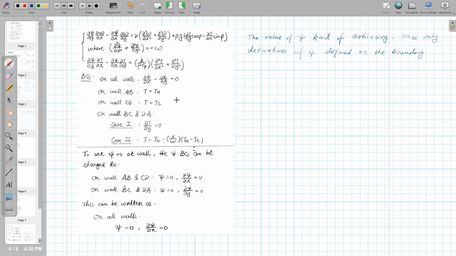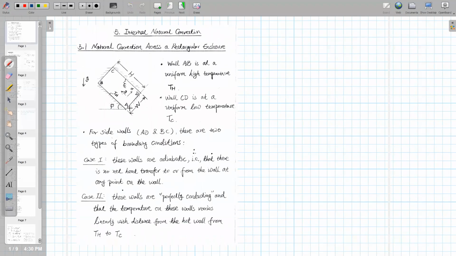So for example, let's set at the point A, psi of A equal to 0. At this point A, let's assume that this is the origin of the psi equal to 0 location.